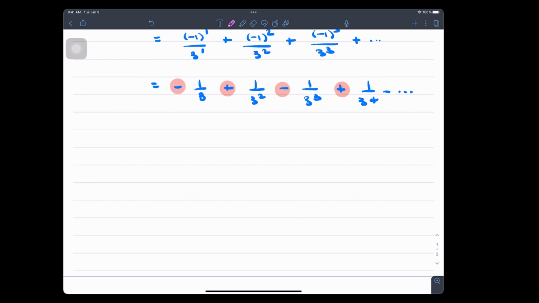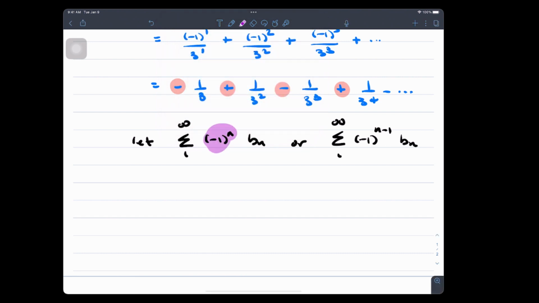Okay, and so here's what they want you to consider. They're going to say something like this. You're going to let a series that looks like this, negative 1 to the n, bn, or negative 1 to the n minus 1, bn, n is 1 to infinity. So you're going to have series that have an alternating mechanism there.